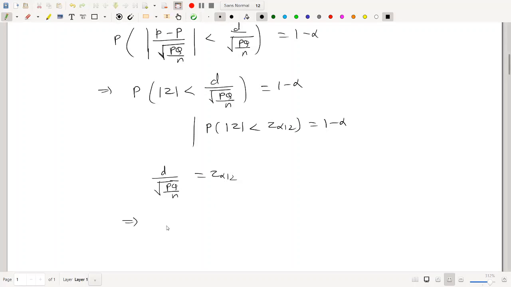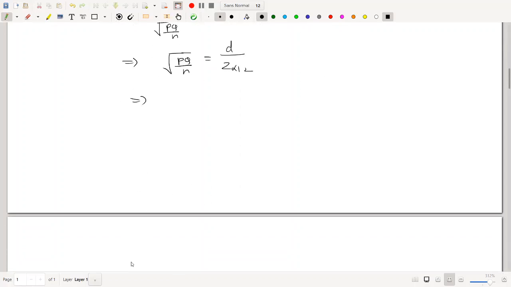So this implies we can write root of PQ upon small n, if I send z alpha by 2 to this side, as d upon z alpha by 2. So I can write this as root of n upon PQ is equal to z alpha by 2 by d.